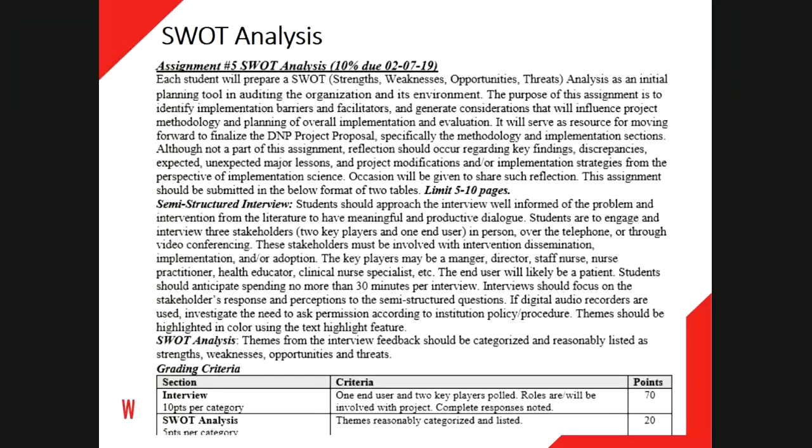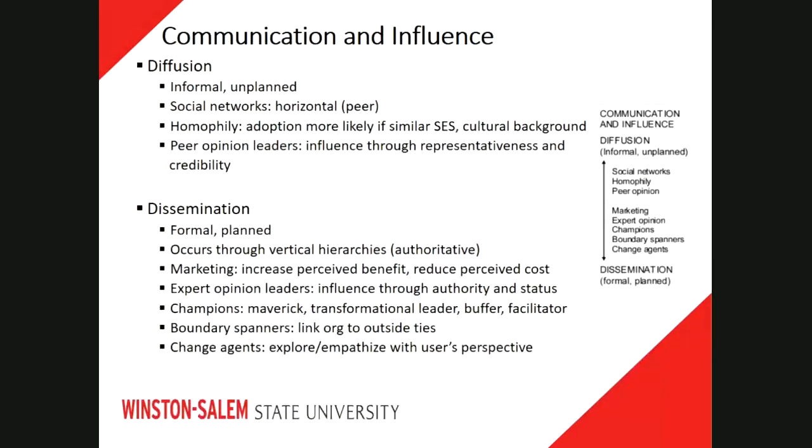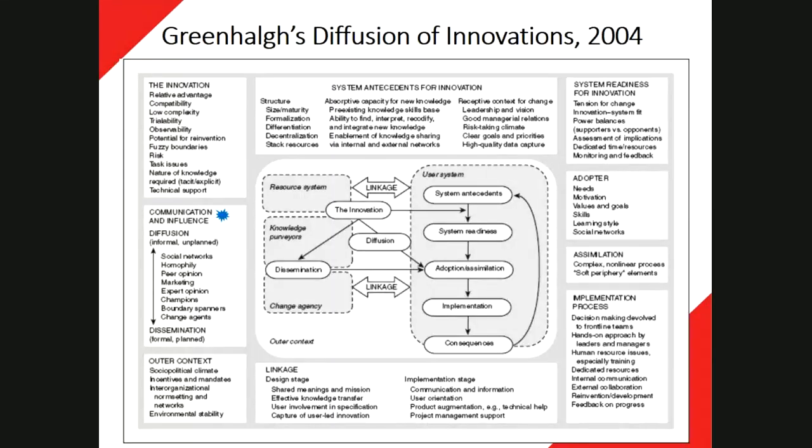So, just to recap with the diffusion of innovations model, this model is here so that you understand the various components, and we went through each component and the elements of the components that you need to consider.